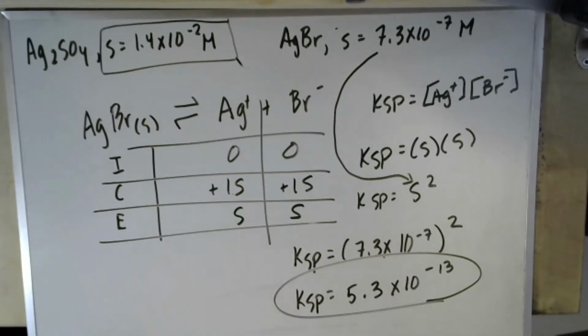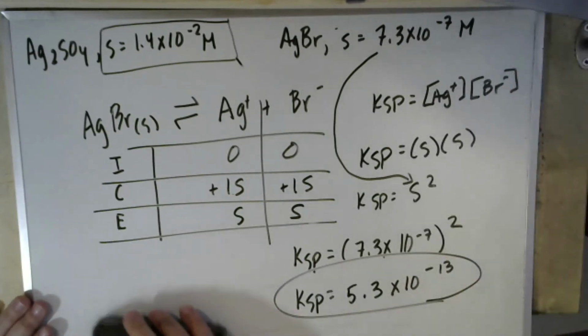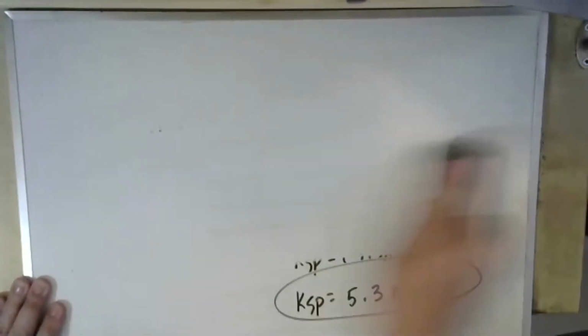What makes it a little more complicated is what's called the common ion. So we're going to look at examples. We're going to look at what happens to the molar solubility when we introduce a common ion to our solution. Okay, it messes things up just a little bit. So let's look at this next example.